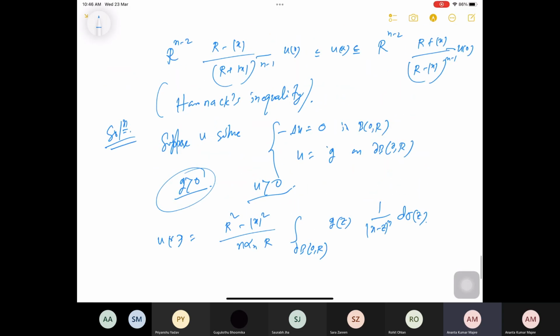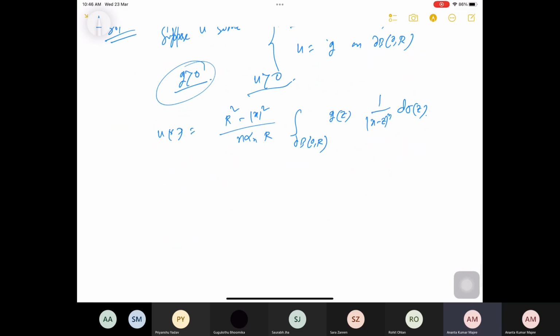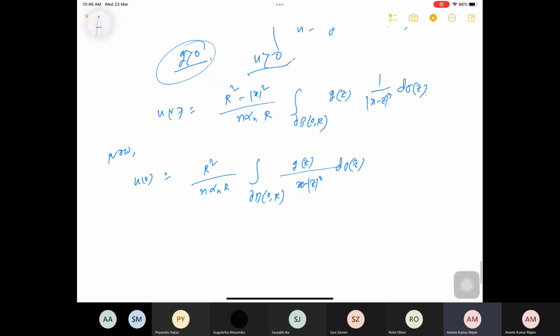But it involves u(0). So let us find out what u(0) is. u(0) is r² by n α(n) r, times the integral over ∂B(0, r) of g(z) by |z|^n dσ(z).